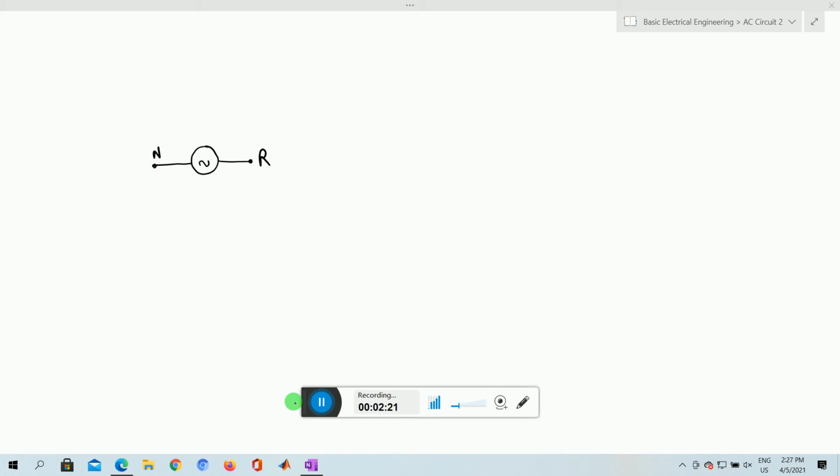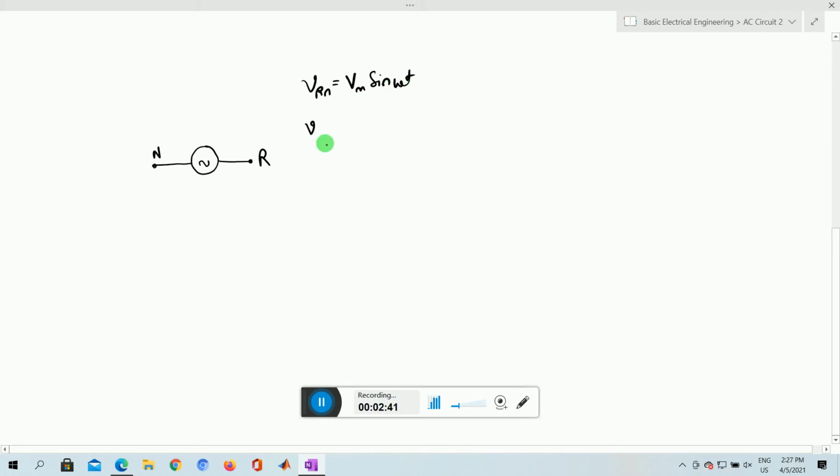Now let us say this R and N is represented in this way, and another phase is there which is time displaced. Let me write here that VRN is equal to Vm sine of omega t.